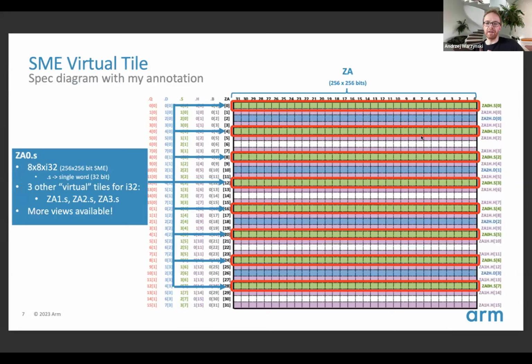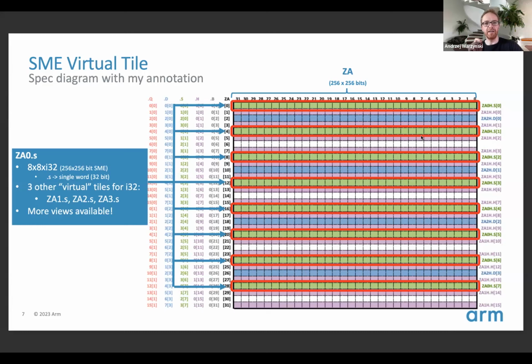I annotated the diagram to show you where these tiles are actually located, because intuitively you might, or at least that was the case for me, think that each tile is one of the corners, like upper left, upper right of the ZA array, but that's not quite the case.